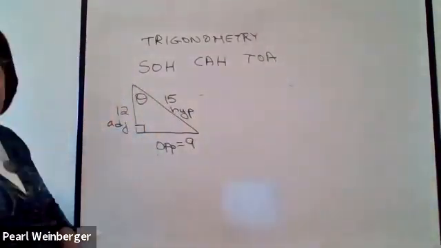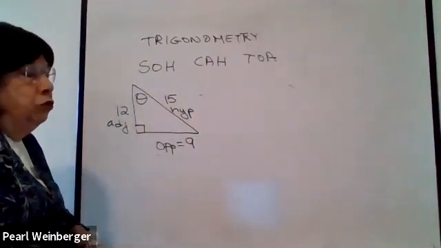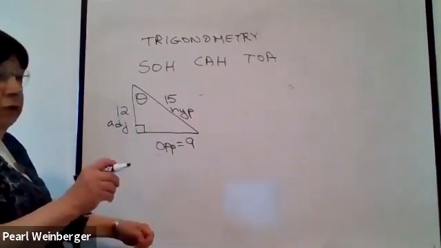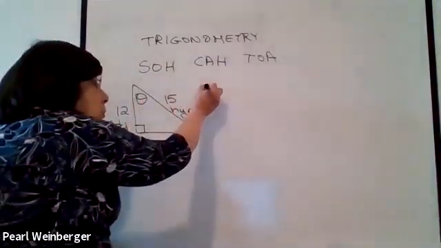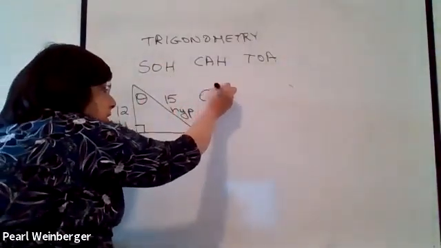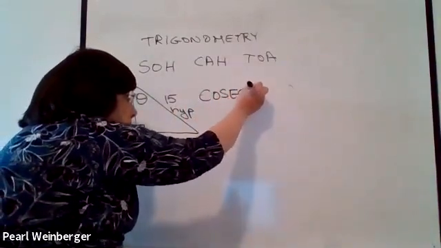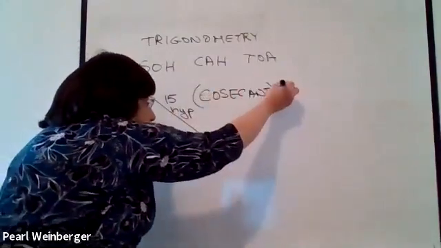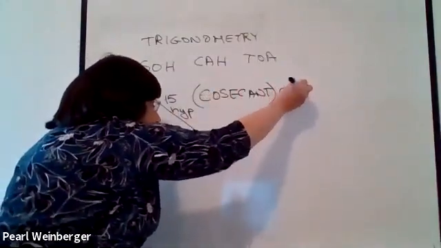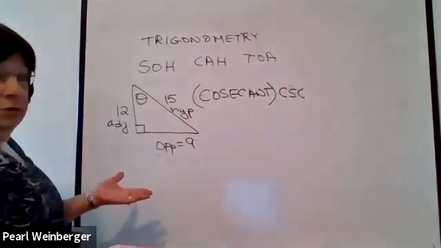And talk about the names of the other three trigonometric functions that you have to know. One is something called the cosecant, which is written CSC. We can't write COS because we're already using COS for cosine.